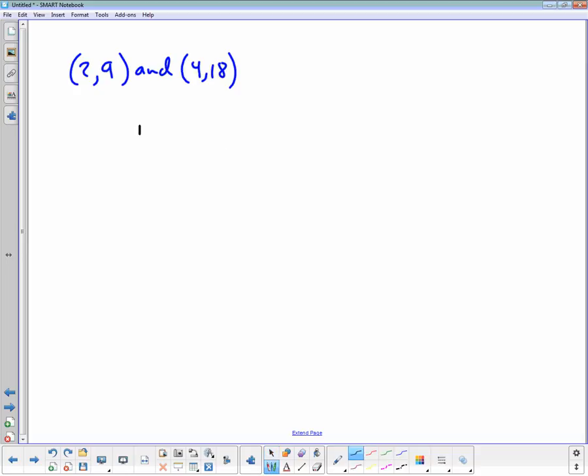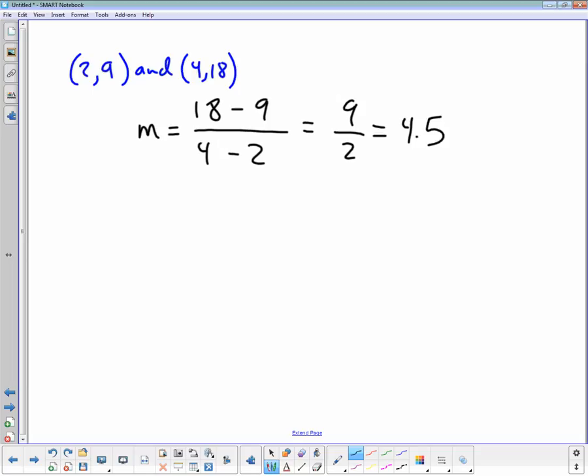So the slope would be 18 minus 9 all over 4 minus 2, which is 9 all over 2, or 4.5. That's my slope. Okay. No big excitement there.